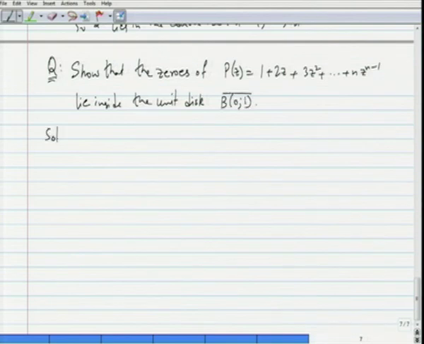So, the solution is as follows. Okay, so, try to see if you can work out the solution and I will present the solution here.